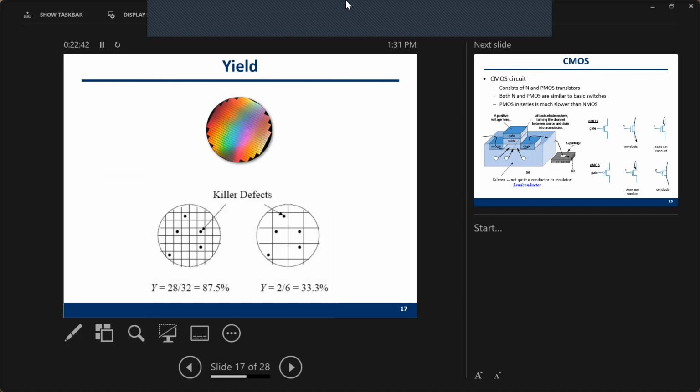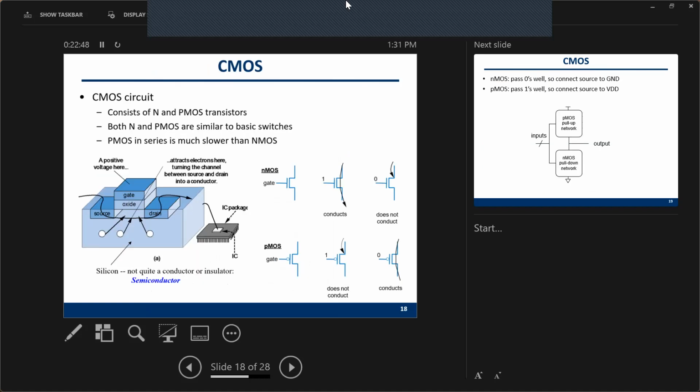Then you have larger profit margins, and you can make more money. However, if your chip area is large and your yield is lower, then people have to pay a higher price for the same chip.